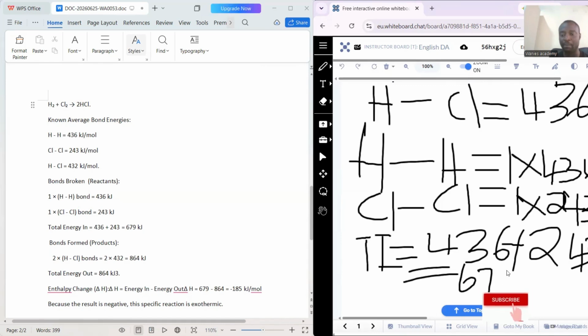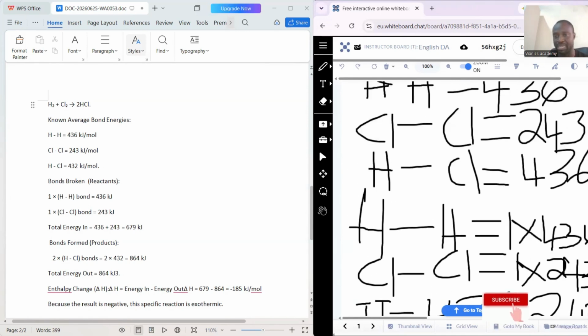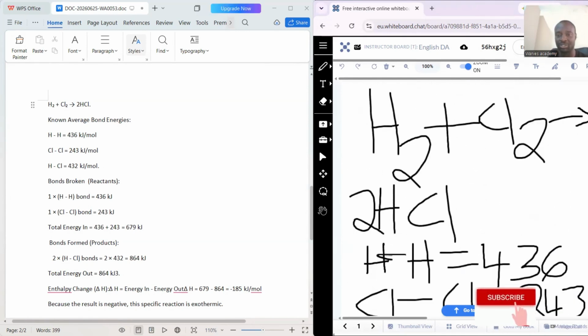Then for the bond making, that is on the product side of the equation, I'm referring to the hydrogen chloride. We multiply the average bond energy by 2, since we have 2 moles of hydrogen chloride.